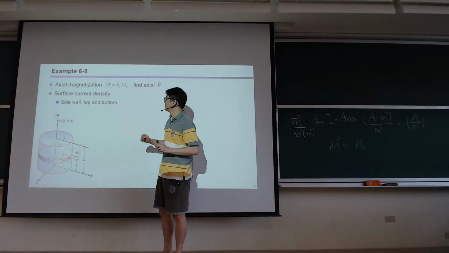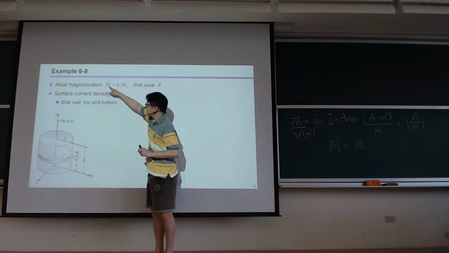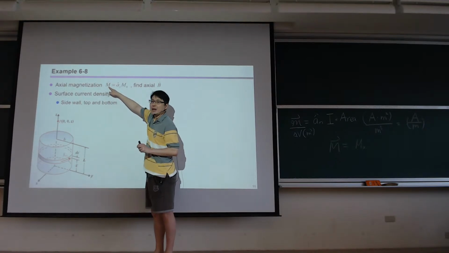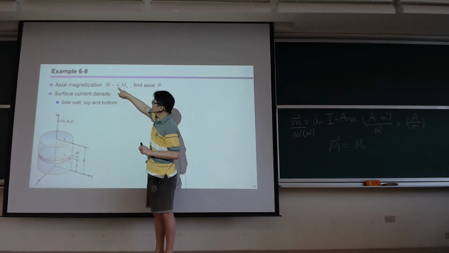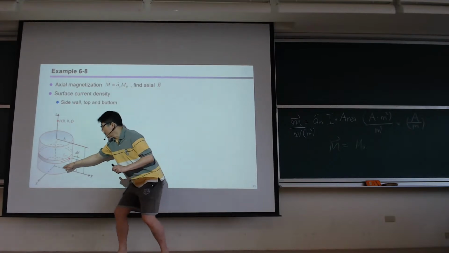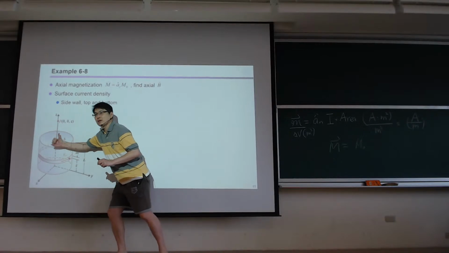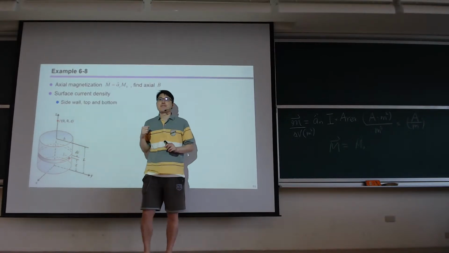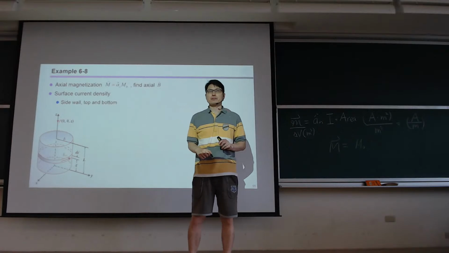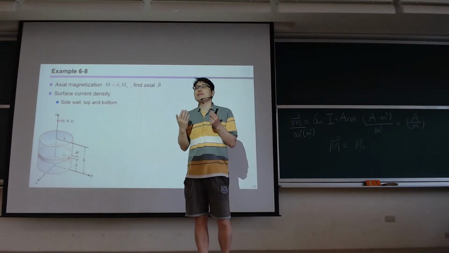Think about it. This material, the cylinder, has a non-zero magnetization vector aligned in the z direction, but it's a constant. So everywhere inside, you have the same magnetization vector. Why would you be so happy?